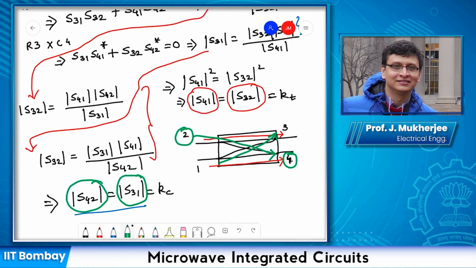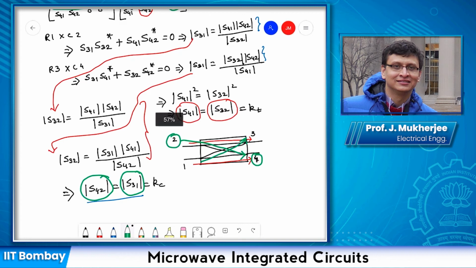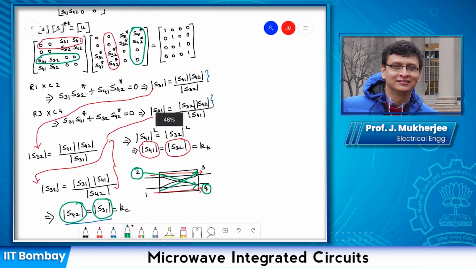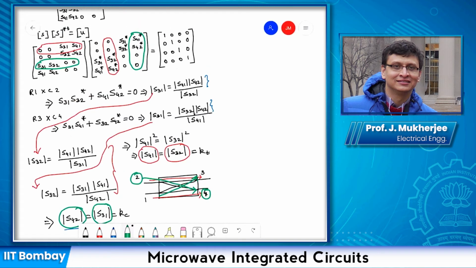Okay. Now further, if I multiply row 1 times column 1, then that implies mod S31 squared plus mod S41 squared is equal to 1.